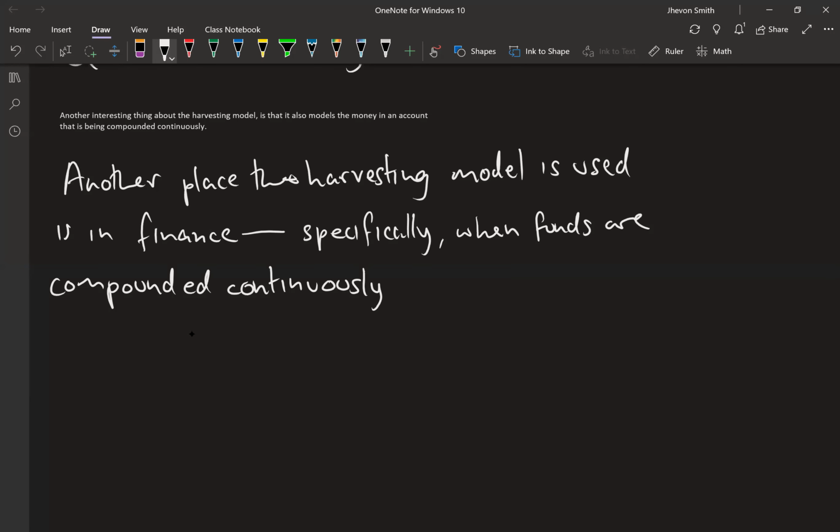This means you're compounding an infinite number of times per year, right? You're applying compound interest an infinite number of times per year. Now, of course, in reality, that cannot happen. However, it is one of those things that we use to model like the worst case scenario. You know what I mean? Like if we have a debt and it's growing by a certain percentage and our creditor is compounding it an infinite number of times per year, that's the worst possible situation. Like how fast is our debt going to grow?